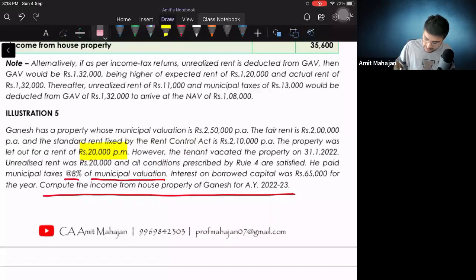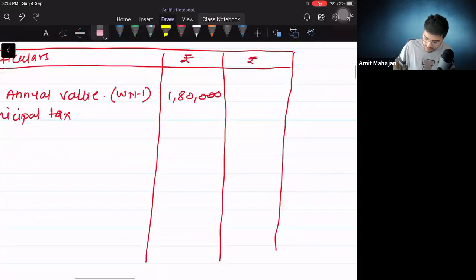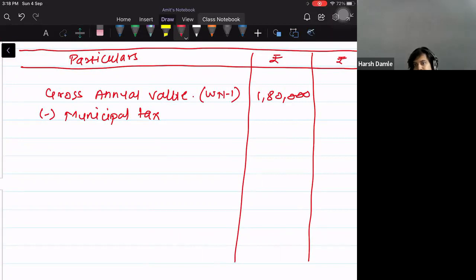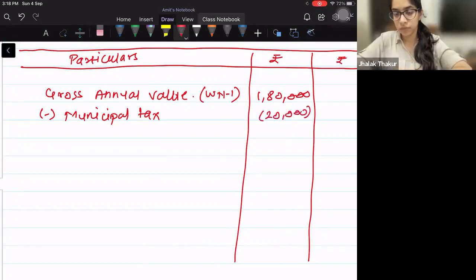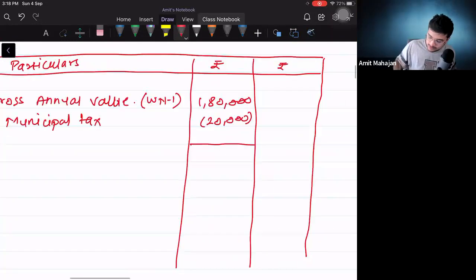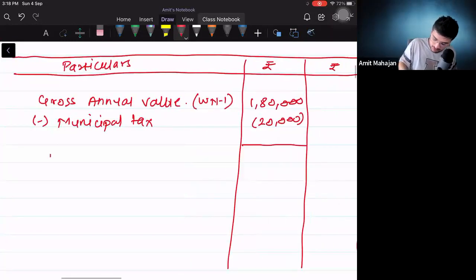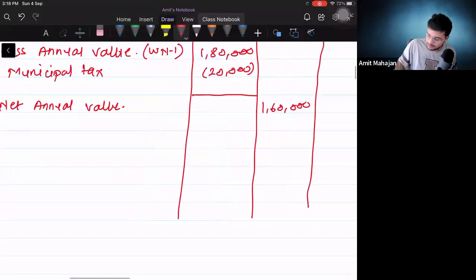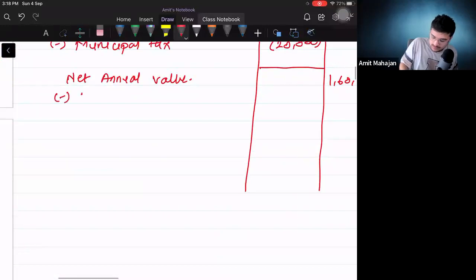So 8% on 2,50,000 will be, can somebody tell me? 20,000. So if I reduce, I'll get the figure of 1,60,000. That will be net annual value. Now just see how am I presenting this. Less deductions, पूरा लिखना deductions under section 24.